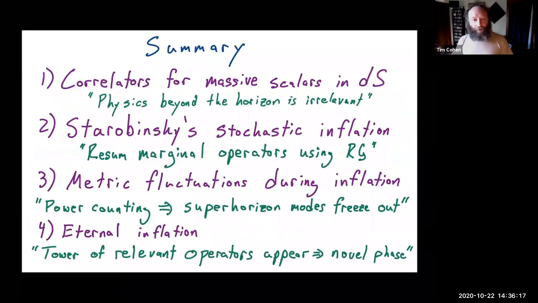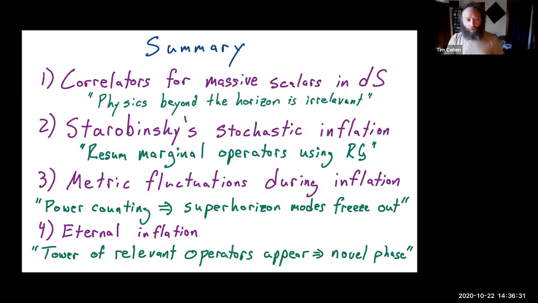Okay, so my real summary is here. This is the same slide I showed before, so I'll just leave it up with all my slogans. Yeah, so you can go tell your friends that now you know physics beyond the horizon is irrelevant. You know how to think about stochastic inflation. It's just the fact that a tower of operators are becoming marginal in the massless limit. You can resum them with RG.